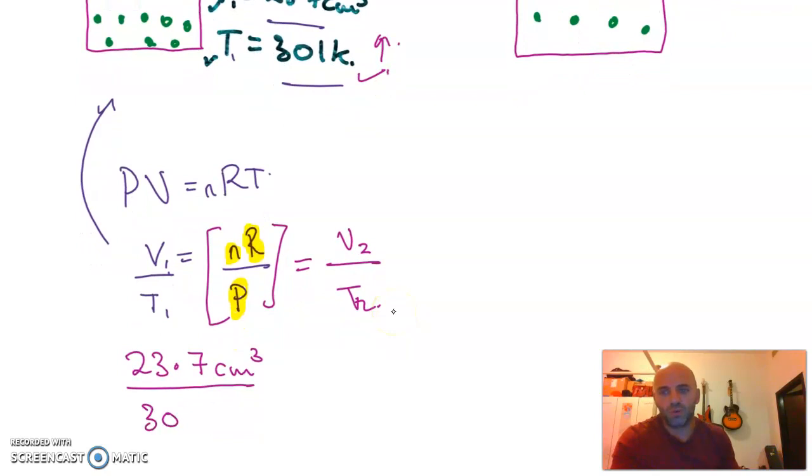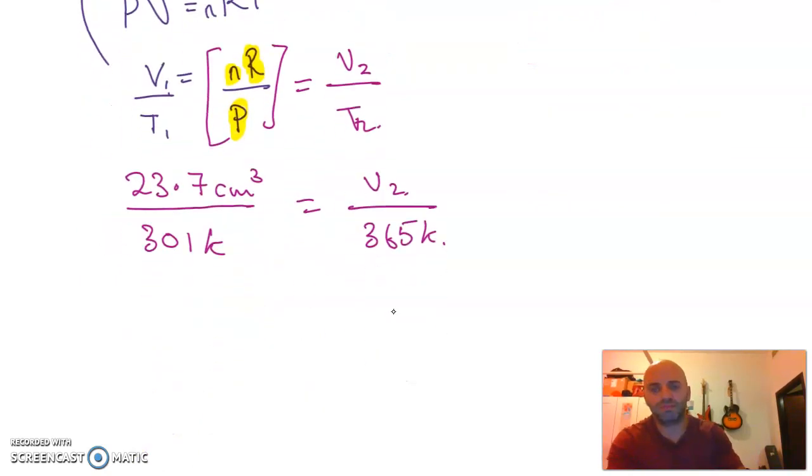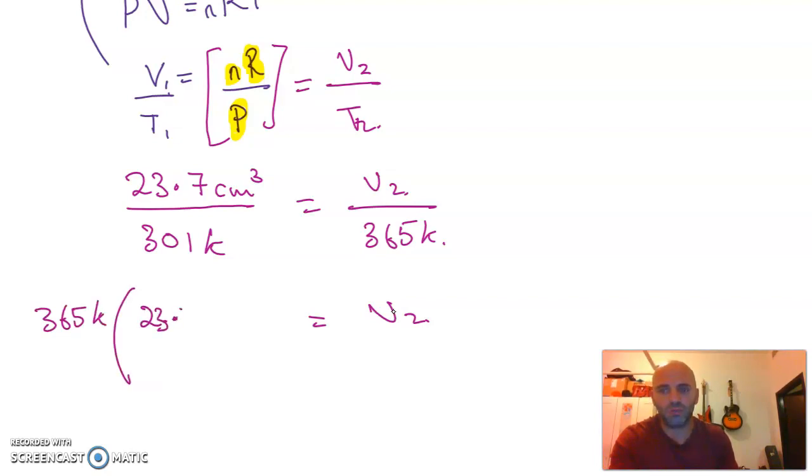So you've got 301 on this side, Kelvin, equal to V2, and our new temperature is 365. So then just simply rearranging, you get V2 equal to 365 Kelvin times the quantity 23.7 centimeters cubed divided by 301 Kelvin. The kelvins are going to cancel.